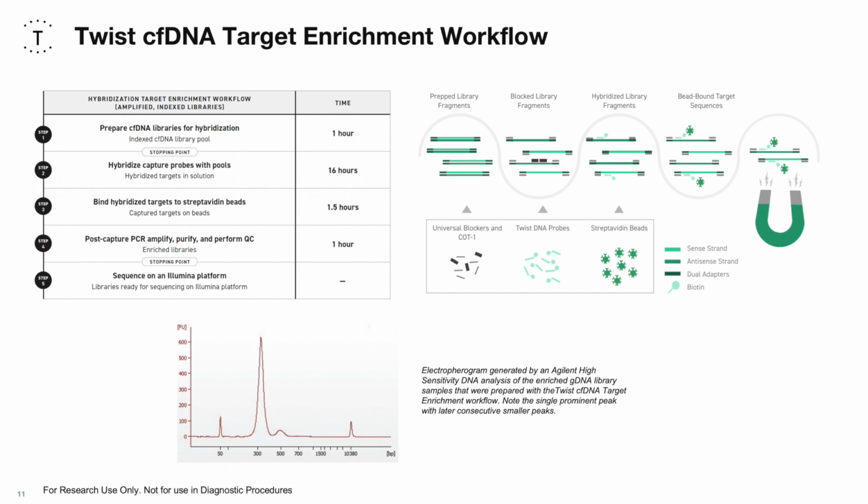After post-capture PCR amplification, purification and quality control, the enriched libraries are ready for sequencing. This entire target enrichment process takes about 3 hours after the overnight hybridization and can be fully automated like the library prep.